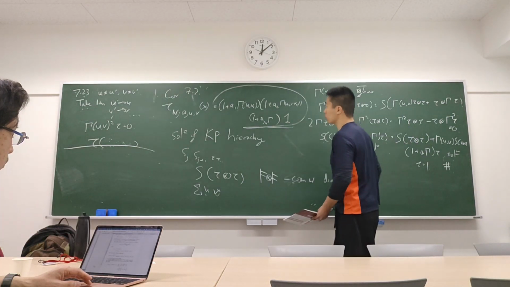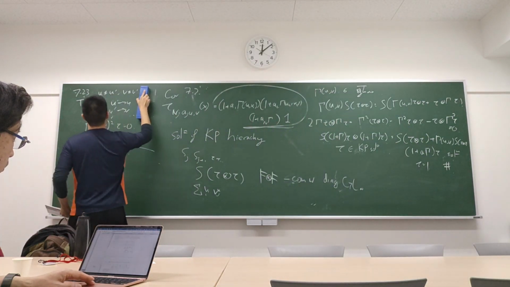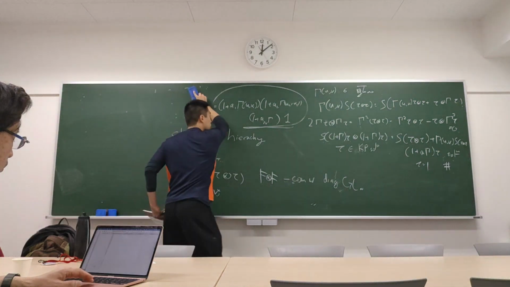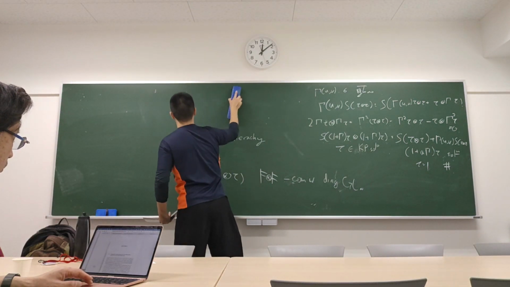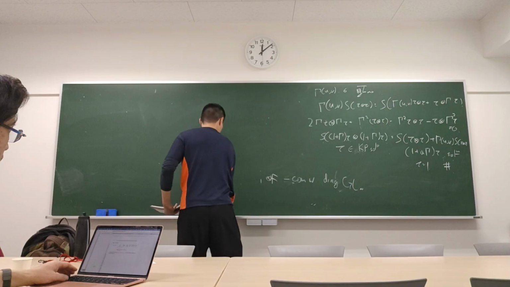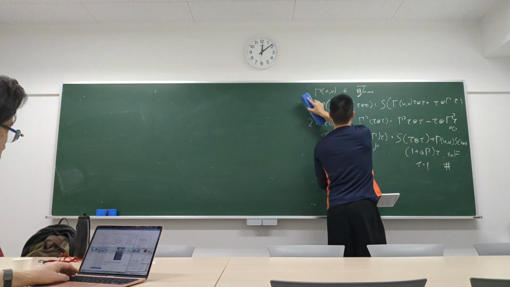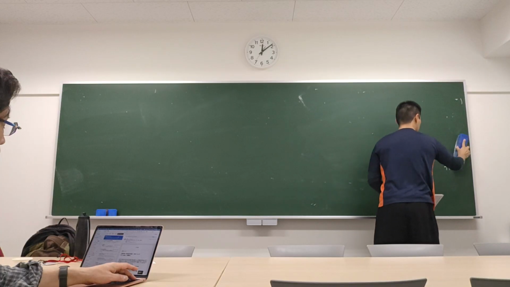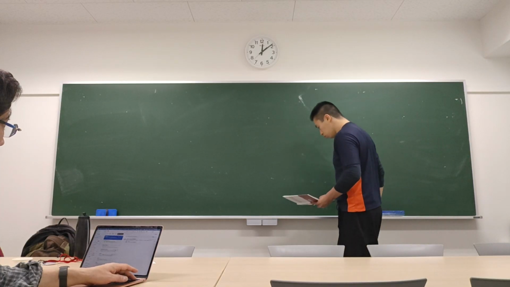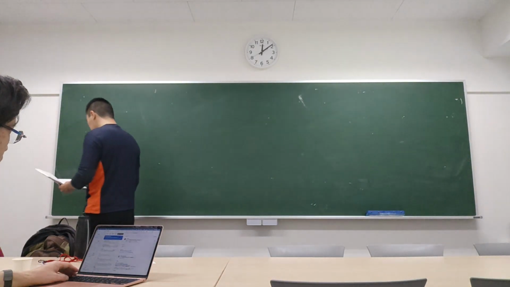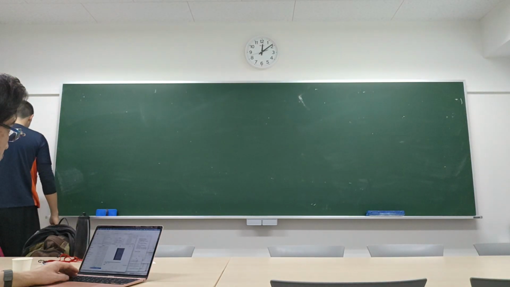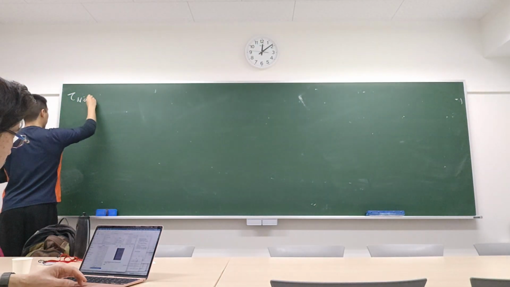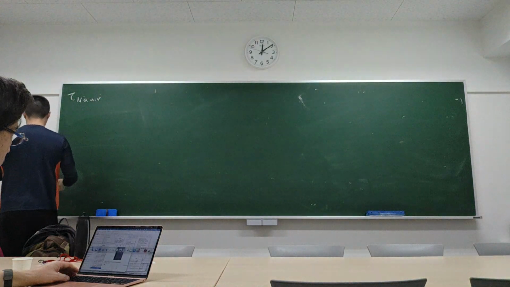And now let's examine one of the solutions. So first, remember we have this tau, it depends on n, a, u, v.